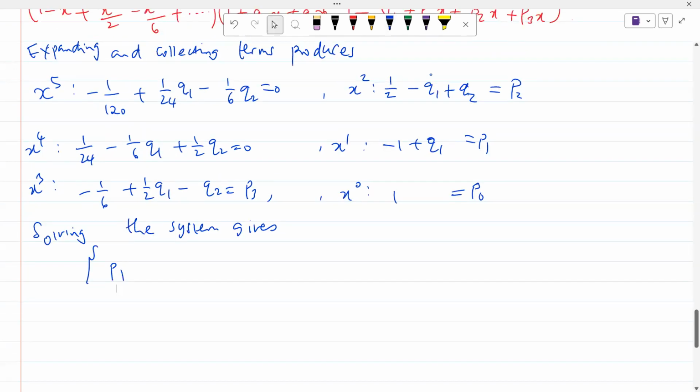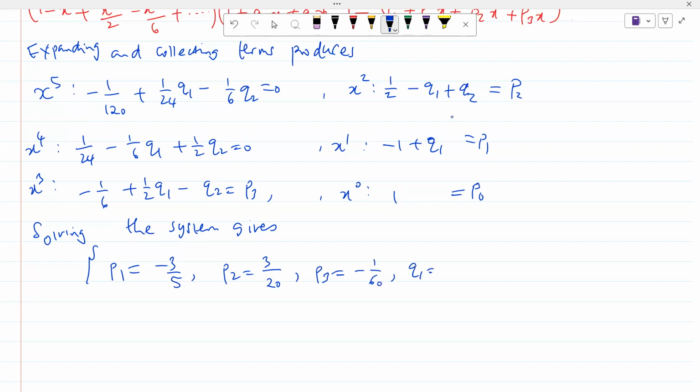What is p1? If we solve everything, p1 equals minus 3 over 5. It can be very easy, but I'm just writing the results. This is a system of linear equations, so we can form matrices out of this. You can even use MATLAB to do this, but there's no need to use MATLAB because you have fewer variables. So you have that p2 is 3 over 20, and then p3 is minus 1 over 60.